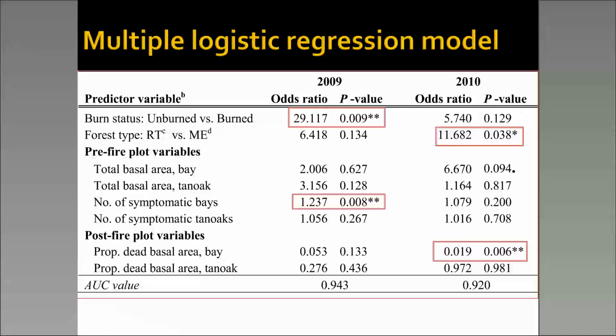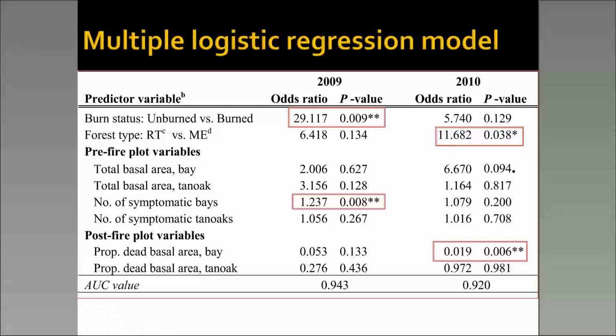In 2010, when these same predictor variables were put in the model, those that came out to be significant predictor variables in the model were forest type this time, as well as the proportion of dead basal area of bay laurels. So once again, the odds ratio here tell us for forest type that it is roughly 11 times more likely to recover the pathogen in redwood tan oak plots versus mixed evergreen plots.